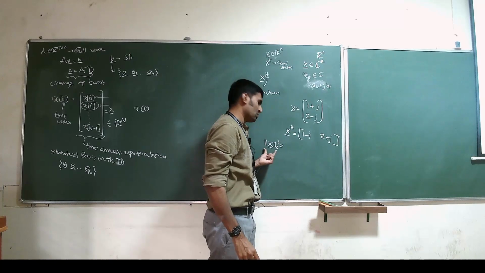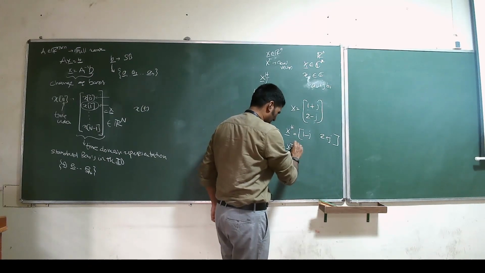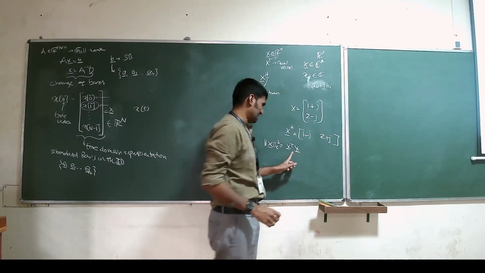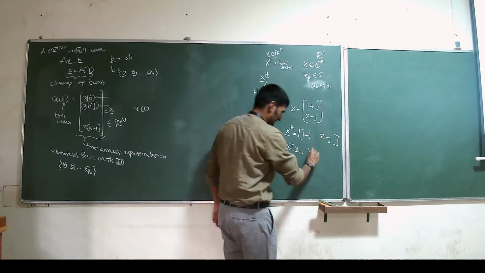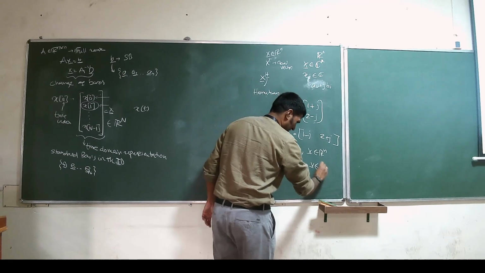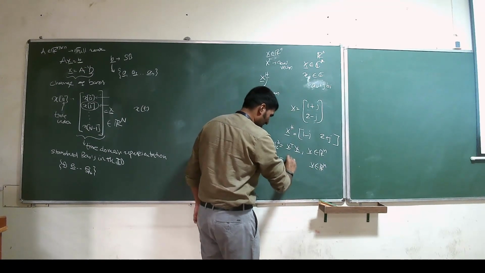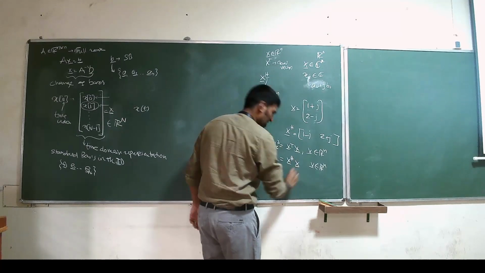What is this equal to? The square of the second norm. But this is when x is real. If x was complex, this is not correct. What is correct is this.